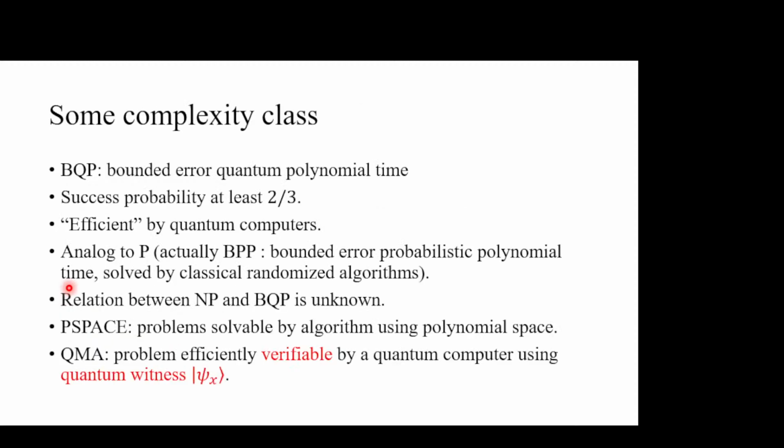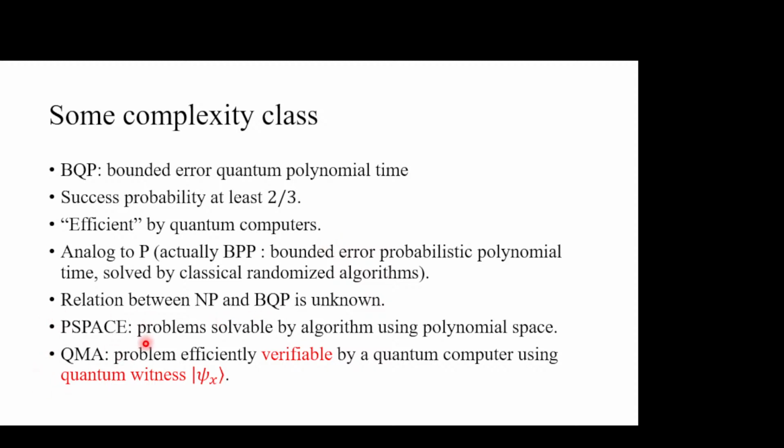The next slide has some complexity classes that we talked about before. We have BQP, the problems that can be solved efficiently by quantum algorithms in bounded-error quantum polynomial time.